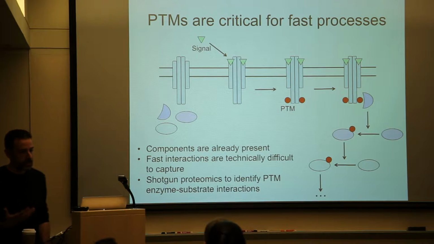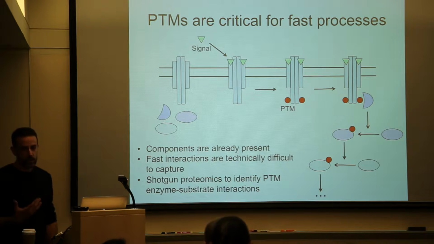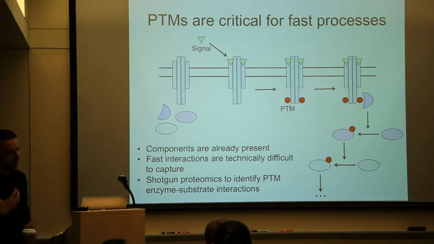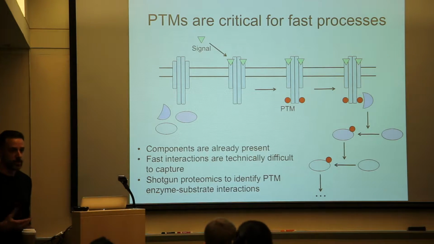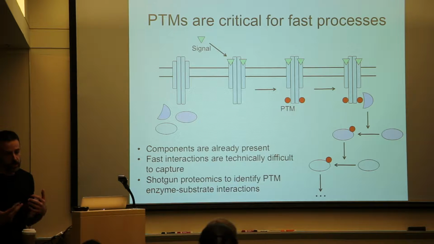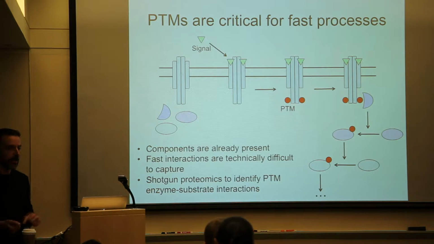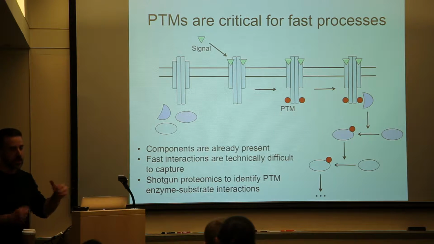And so this is where I really think that shotgun proteomics and developments in mass spec technologies can allow something that you couldn't do before, which is you can look for enzyme-substrate relationships not by looking for physical associations, but by looking indirectly. If I inhibit a kinase, and I look at all phosphorylated proteins, and I look at the ones that have changed in response to that inhibition, you can actually identify PTM substrates that way.